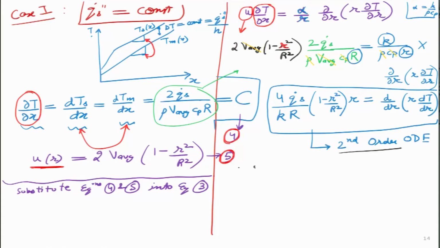So, if I know the surface temperature is Ts, then I know one boundary condition. Let me go ahead and write that down. Boundary condition number 1 is that at the surface, R equals capital R, I can immediately write temperature at R equals capital R is Ts.